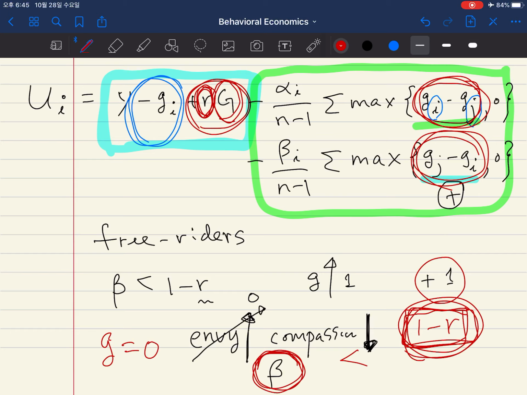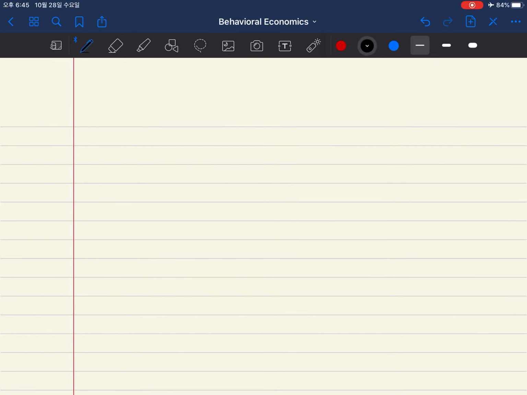So let's think about this intuition with an example. Suppose n is equal to 3, so there are 3 individuals in this public good game. Suppose the first individual's expenditure for public good is the highest, the second individual next, and the third individual is contributing the least.